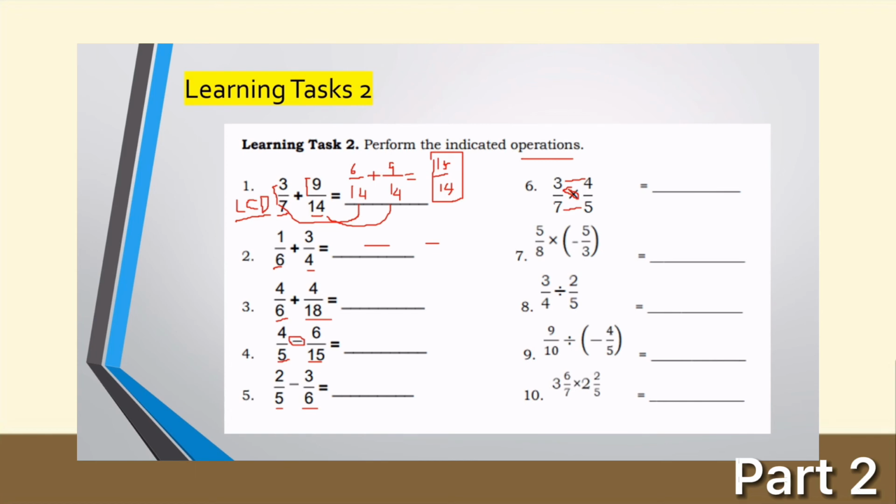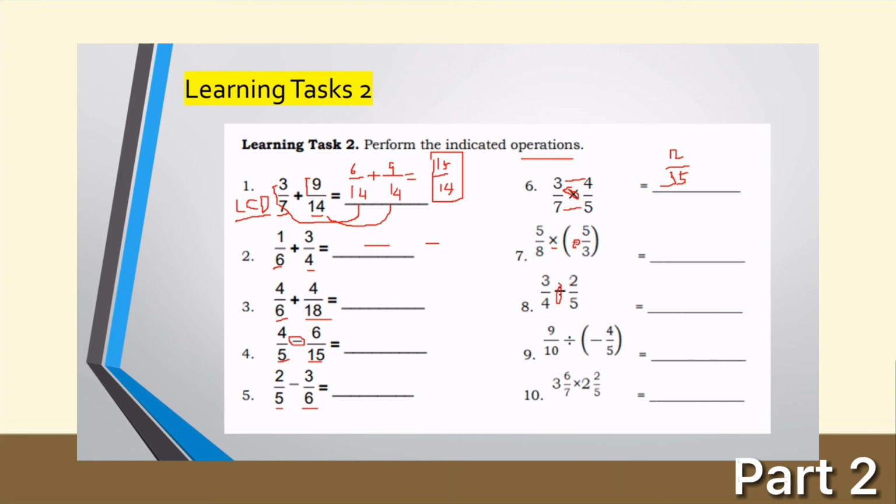So, we have 3 times 4 is 12. Over 7 times 5 is 35. So, your answer is 12 over 35. Next, number 7 is also multiplication, but you need to consider the rules in multiplication of integers.